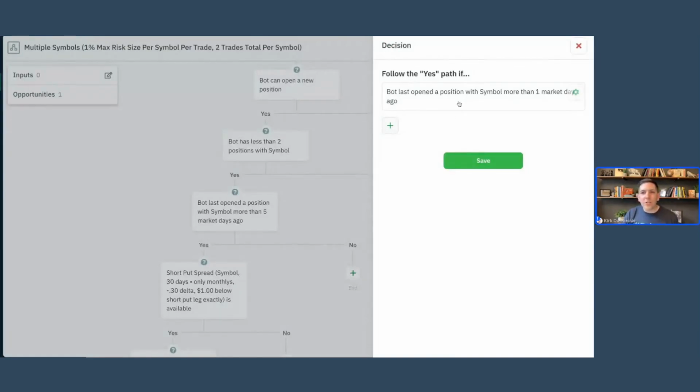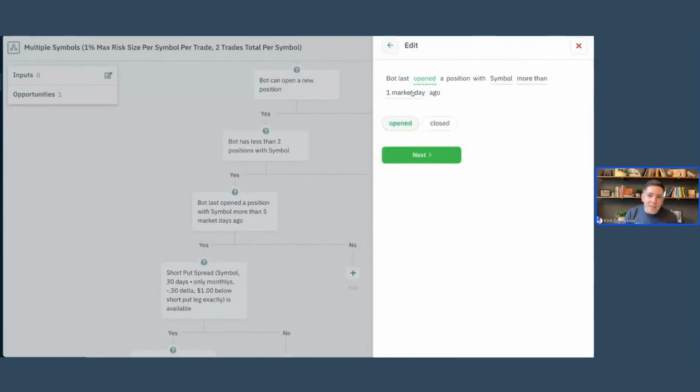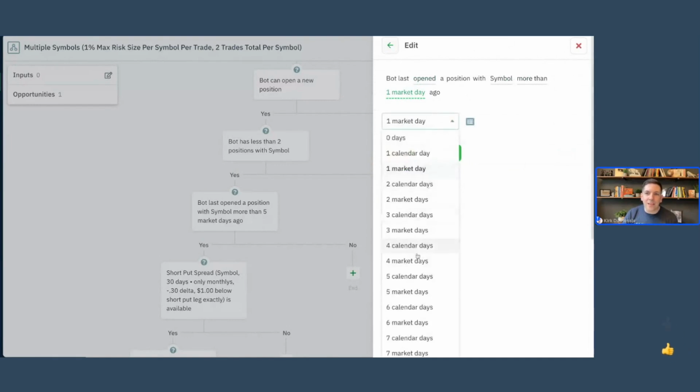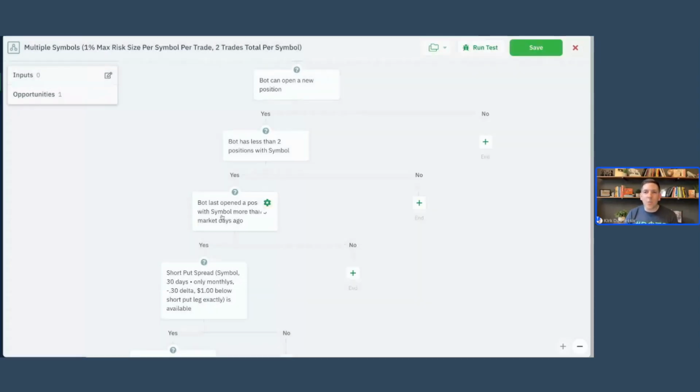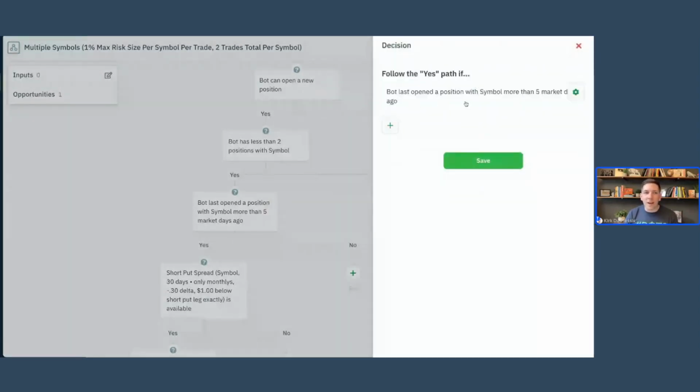So if you want to spread your trades out, you say the bot last opened a position 5 days ago or 10 days ago or whatever. If you want to spread it out based on price, you'd have to check the price that it was below a level, and then on that yes branch, you could continue it to move forward. So that's the easy way to do it right there. It's just to say the bot last opened a position with that symbol more than 5 days ago.